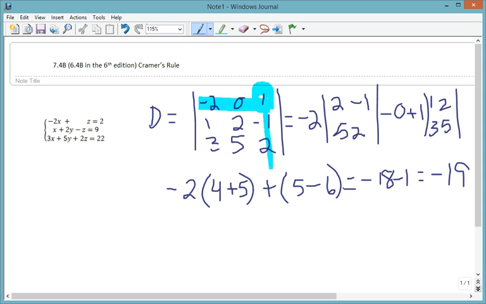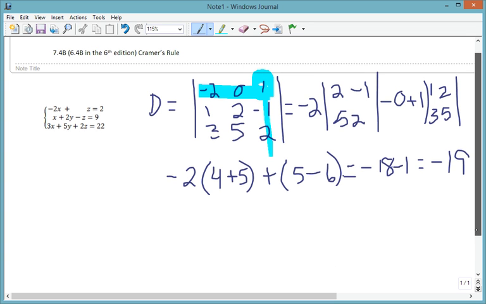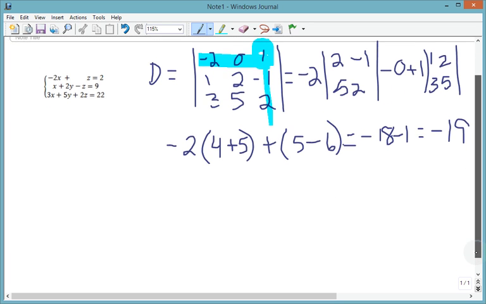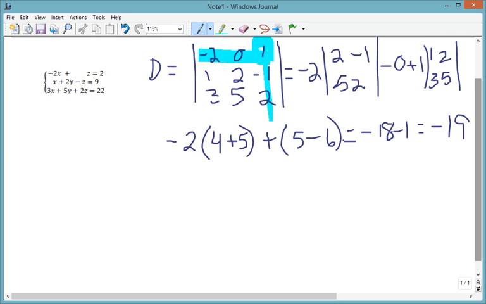Now, we're going to use that in the final answer, but first we need to find the specific determinants for x, y, and z.